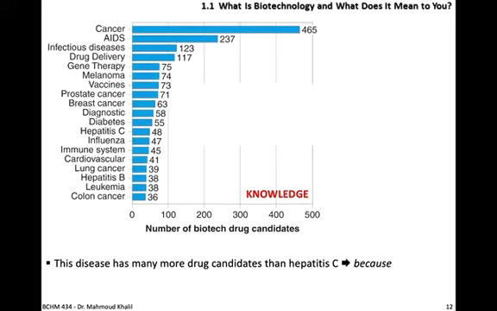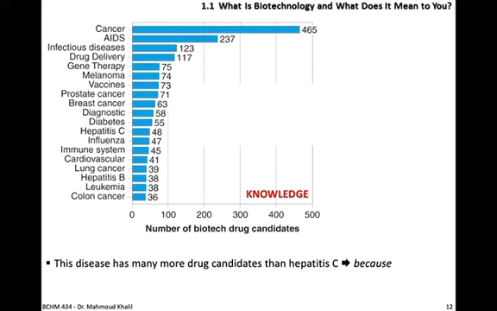So it's not purely chemical, because as we said initially, biotechnology deals with the use of living organisms or products of living organisms. This is a different class of drugs that has been developed for these diseases. You can see that cancer has the most, around 500 different drugs, followed by AIDS, followed by infectious diseases, and so on.